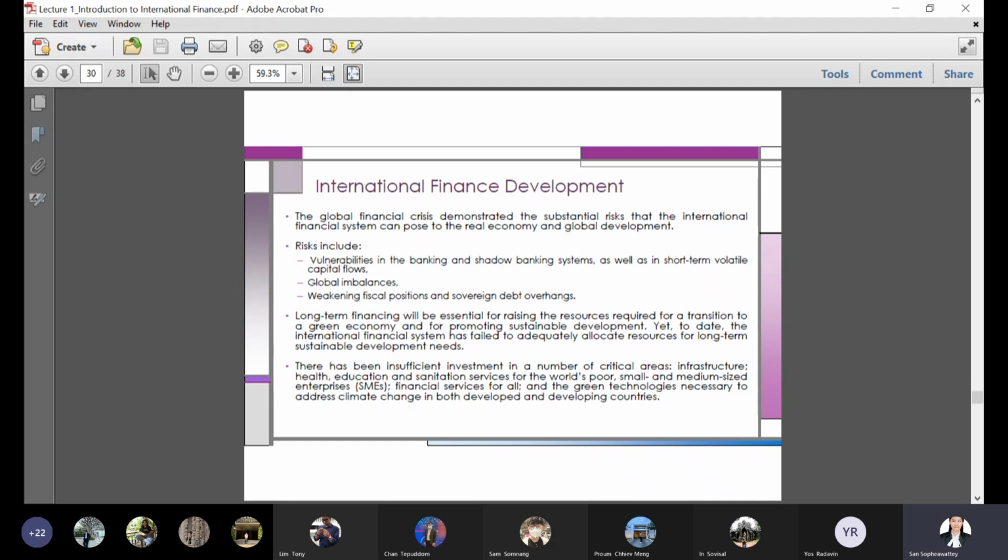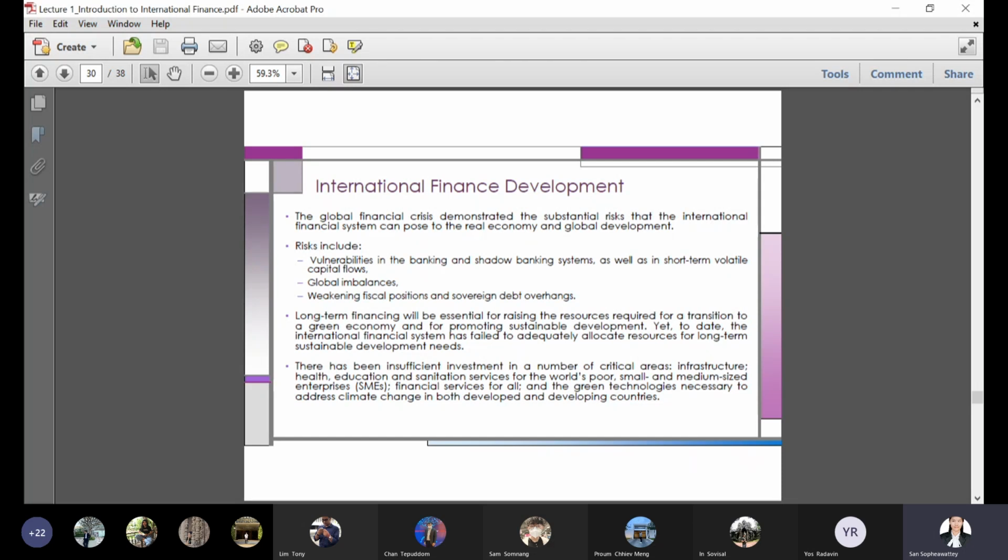In addition to that, before, the central banks or the supervisors, the supervision of banks and financial institutions, we believed that we are more on micro levels. So we don't care about how the economy is going.